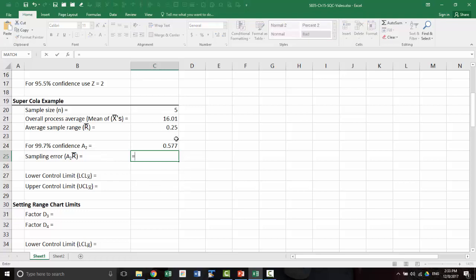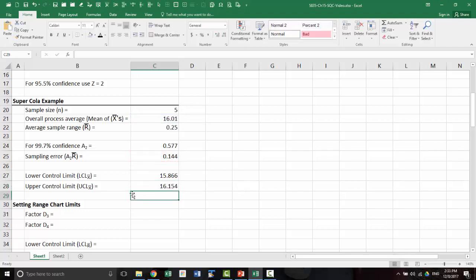A sub 2 times R bar gives us the sampling error, our estimate of sampling error. Once you have the sampling error, the lower control limit is the overall mean minus the sampling error, and the overall mean plus the sampling error gives you the upper control limit.